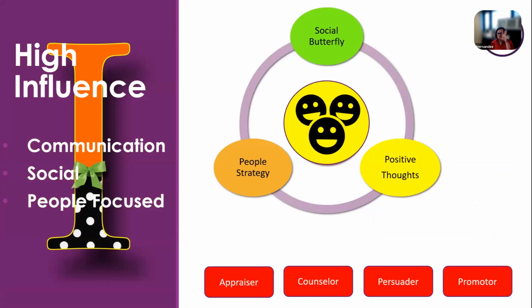Now the I's, remember, social butterfly, positive thoughts, everything's good.